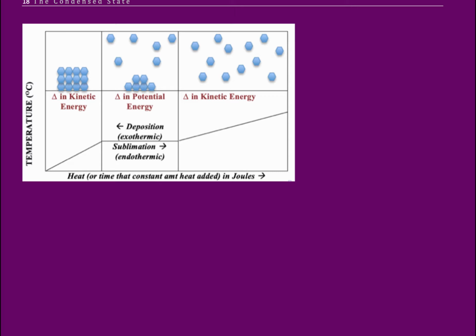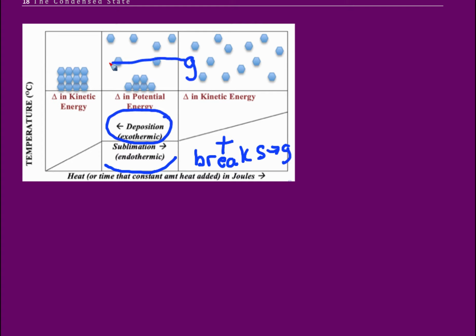And so here we have sublimation. We are breaking attractions, and we're going from the solid to the gaseous phase, and that would be endothermic. Or we have deposition, where we're going from the gas phase to the solid phase, and that would be an exothermic change.